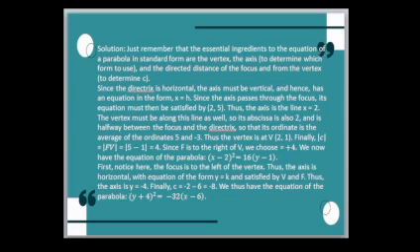Okay, here's the solution. Just remember that essential ingredients to the equation of a parabola in standard form are the vertex, the axis, to determine which form to use, because there are two cases there, the two formulas, and the directed distance of the focus from the vertex to determine C. Okay, here in example number 1, since the directrix is horizontal, the axis must be vertical, and hence has an equation of the form x is equal to h.